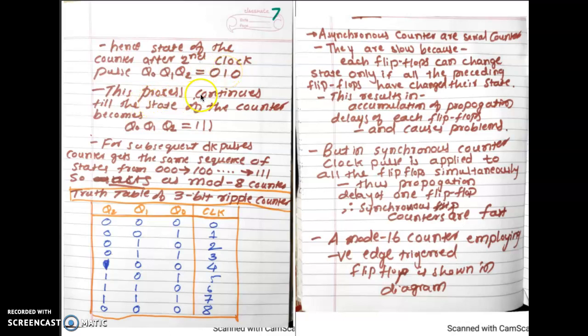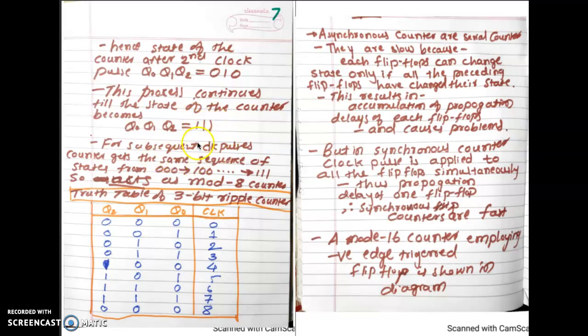This process of toggling continues. The toggling happens during the negative edge of the clock, and the clock is connected to the output of the previous flip-flop. So this continues till it reaches 111.